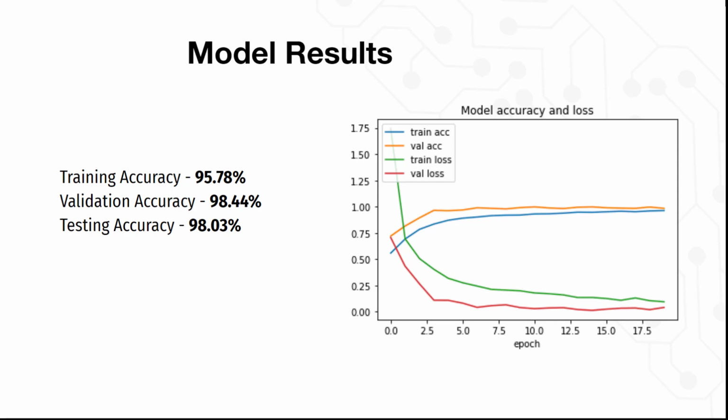The figure shows the curve of model accuracy and loss during the training. Due to the early stopping, our model training got stopped after 20th epoch. The training accuracy was obtained as 95.78%, validation accuracy 98.44% and test accuracy 98.03%.